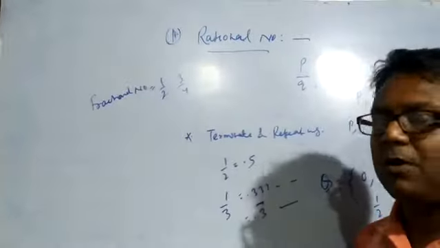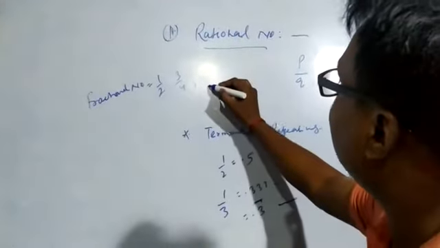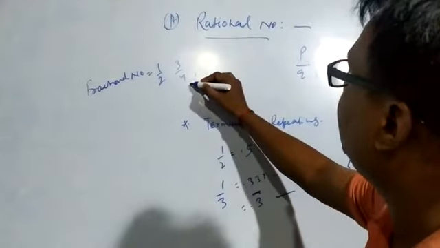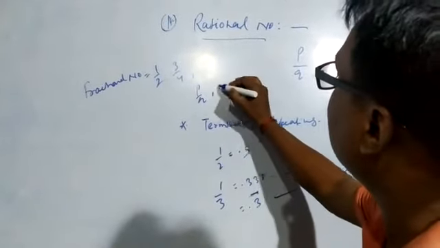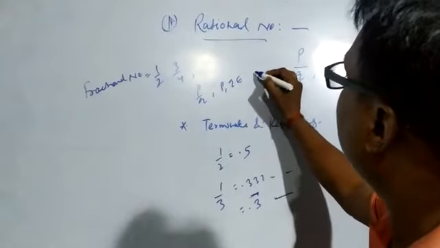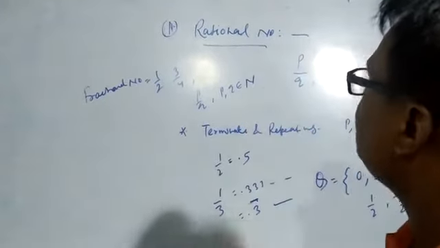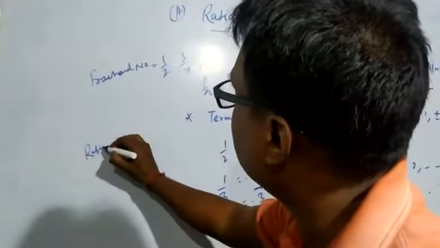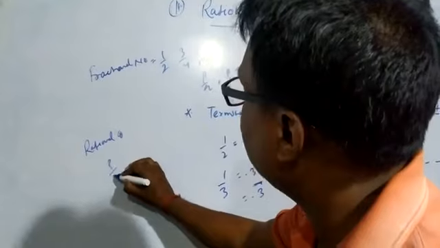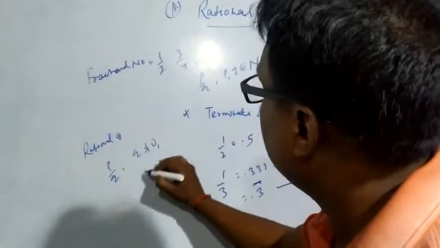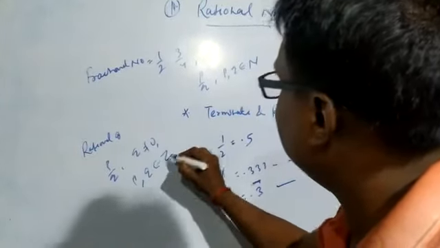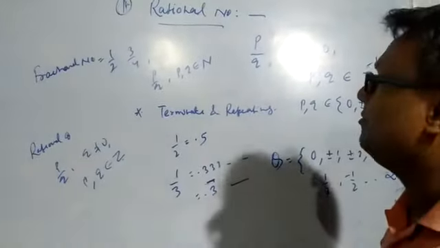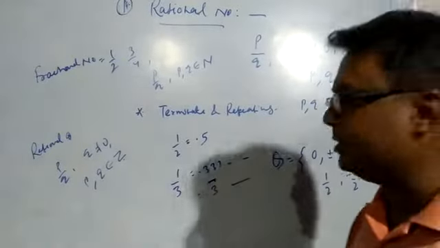These are also in the form of P by Q, and the denominator is not 0, but P and Q exist only in natural numbers. But a rational number is also of the form P by Q, Q not equal to 0, but P and Q belong to Z, it means integer numbers. That is the basic difference between fractional and rational numbers. It's very important. Most students get confused in this topic.